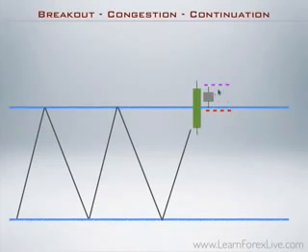Our entry is going to be a buy stop pending order placed on our broker 5 pips above the high of that congestion candle. And our stop loss is just going to go 5 pips below the low of the candle.